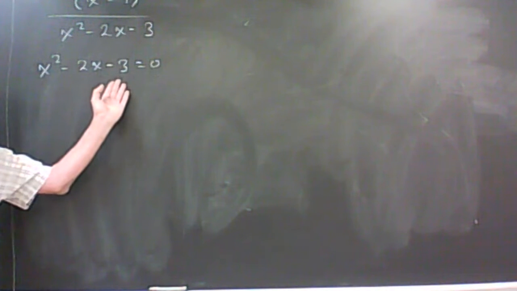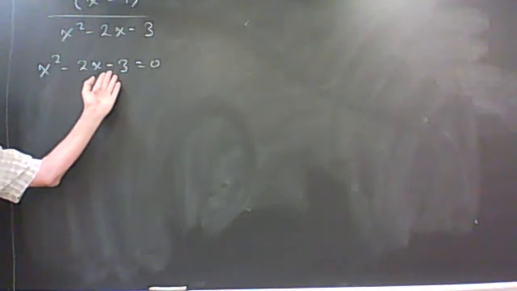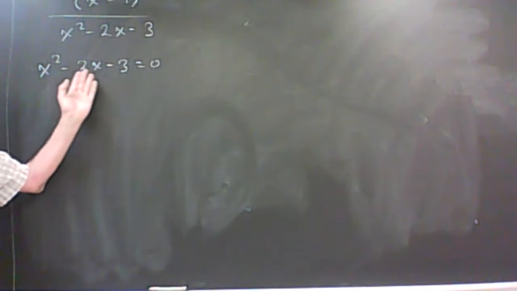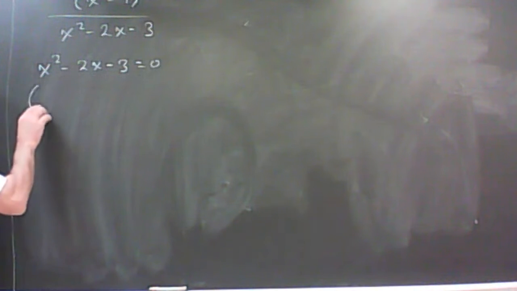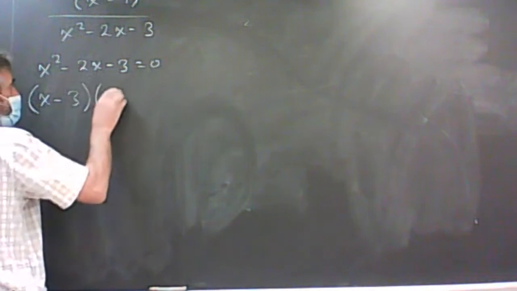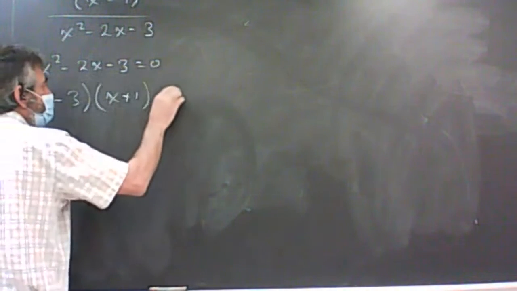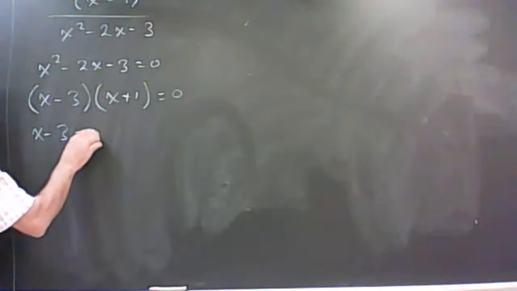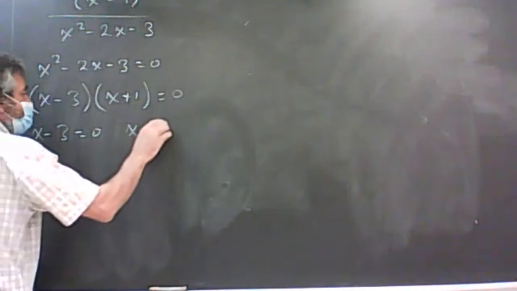So to factor this, we're going to find two numbers. You multiply, you get a negative 3. When you add them, you get a negative 2. And those two numbers give us x minus 3 and x plus 1. Okay? So we have x minus 3 equals 0, x equals 3.